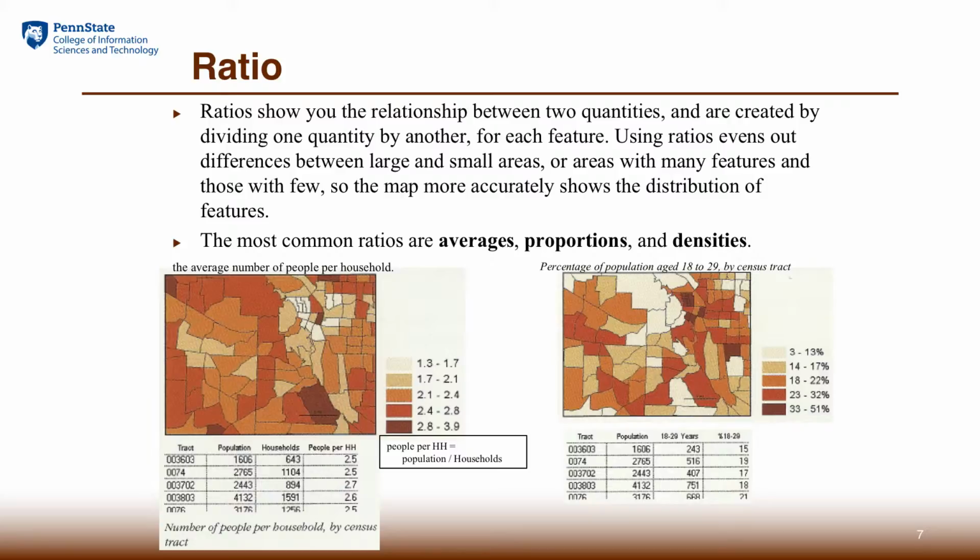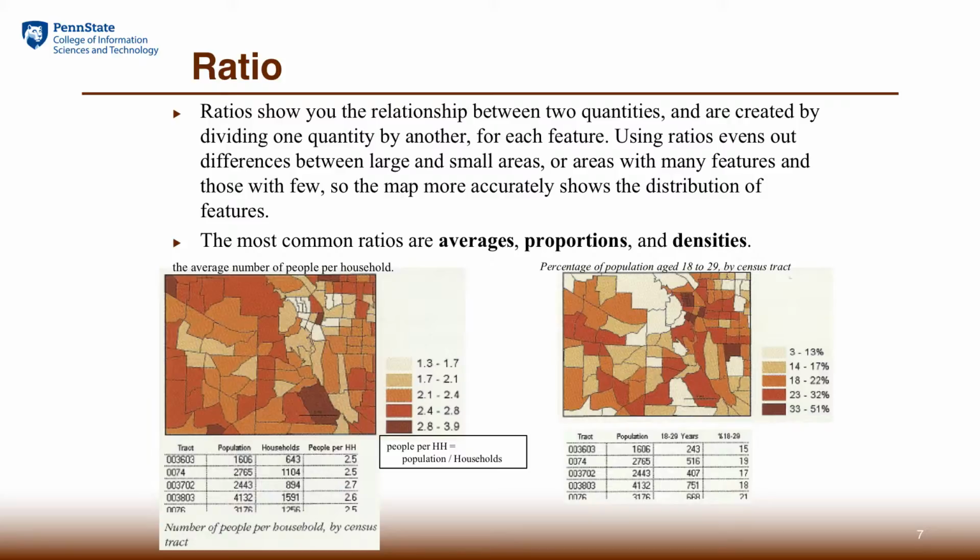We could also map the ratio between two variables to create something that shows differences between large and small. The most commonly used ratios are average, proportion, and density. For example, we can calculate the average number of people per household by looking at the attributes of this population data we have for population for each census tract, and then we also know the number of households in the census tract.